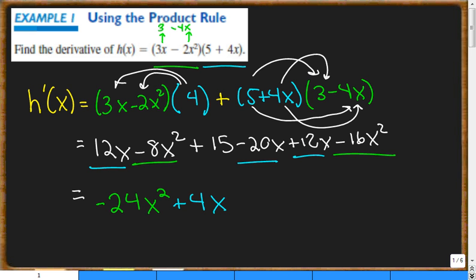And then I'm just left with a positive 15. So this should be your answer. It's going to be negative 24x squared plus 4x plus 15. You could have multiplied everything up top beforehand and then just done the power rule. Either of them work just fine. Whatever you're comfortable with doing is fine with me.